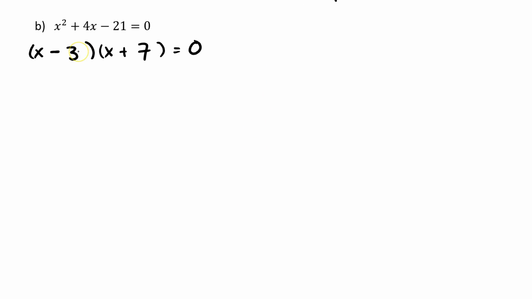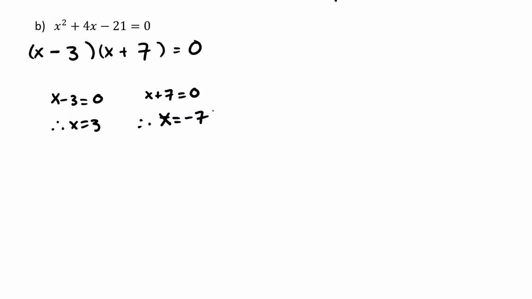So now the last one was easy because we only had kind of one value for x. This one's going to be a little bit more difficult. We have 2. So we're going to take this two different ways. We can say that x minus 3 equals 0, therefore x equals 3. We can say x plus 7 equals 0, therefore x equals negative 7.